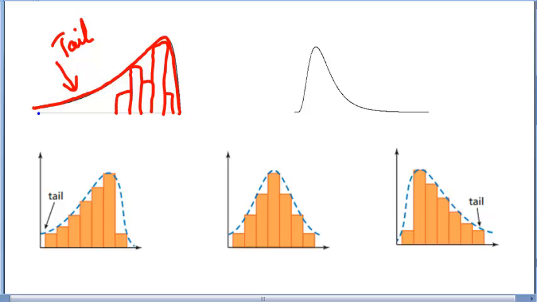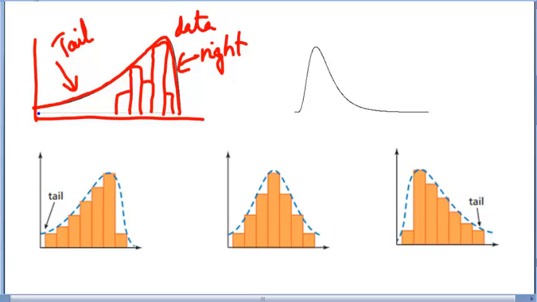So the data is to the right. Isn't this the right side of a graph? If most of the data is on the right side, and this is the tail, this is called skewed left, because this is where it's sloppy, on the left side.